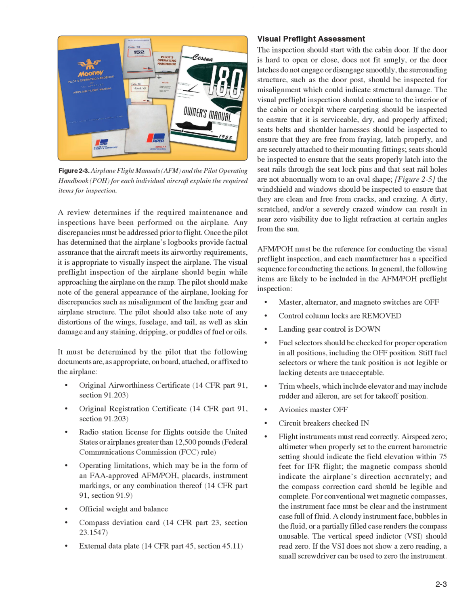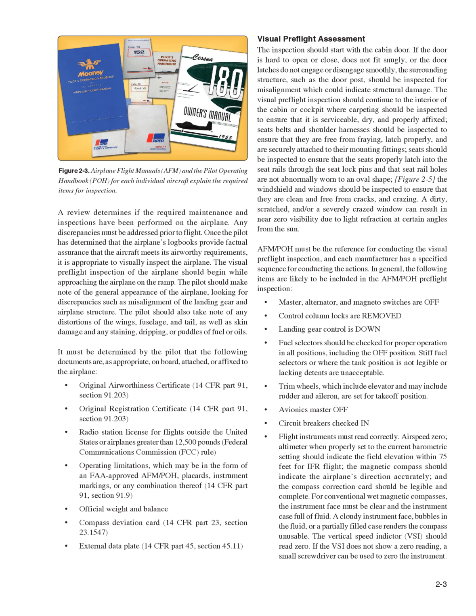Original Airworthiness Certificate, 14 CFR Part 91, Section 91.203. Original Registration Certificate, 14 CFR Part 91, Section 91.203. Radio Station License for flights outside the United States or airplanes greater than 12,500 pounds, Federal Communications Commission, FCC Rule.